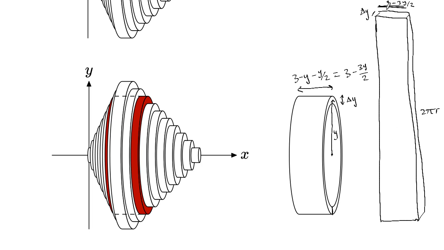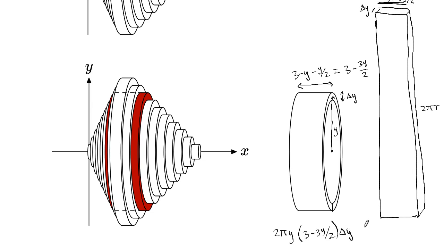So the volume of this shape, which is approximately the same as the volume of this shape, and we'll get more and more close to it as delta y gets smaller, that's going to be 2 pi times, and the radius was y, times that one, times the delta y.